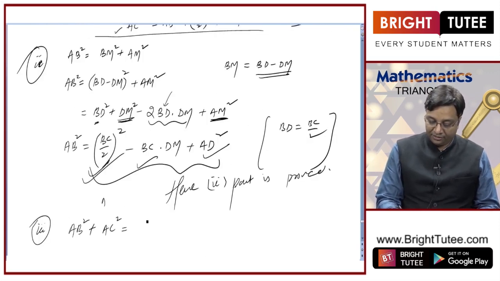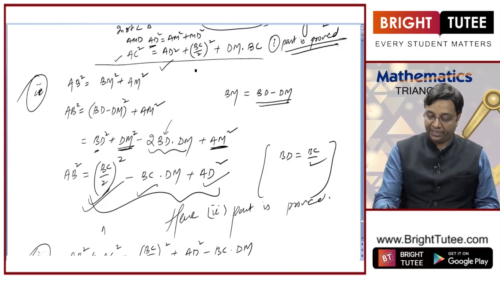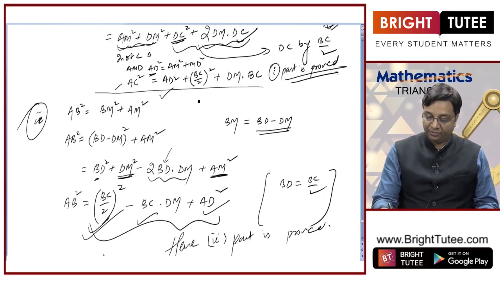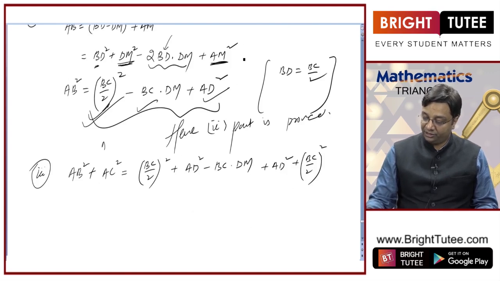AB square is this, BC by 2 whole square plus AD square minus BC into DM. And what was AC square? AD square plus BC by 2 whole square and then plus BC into DM.